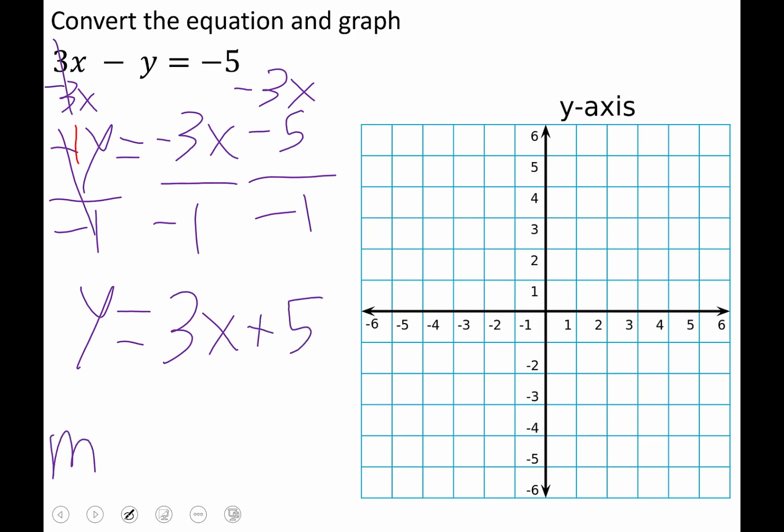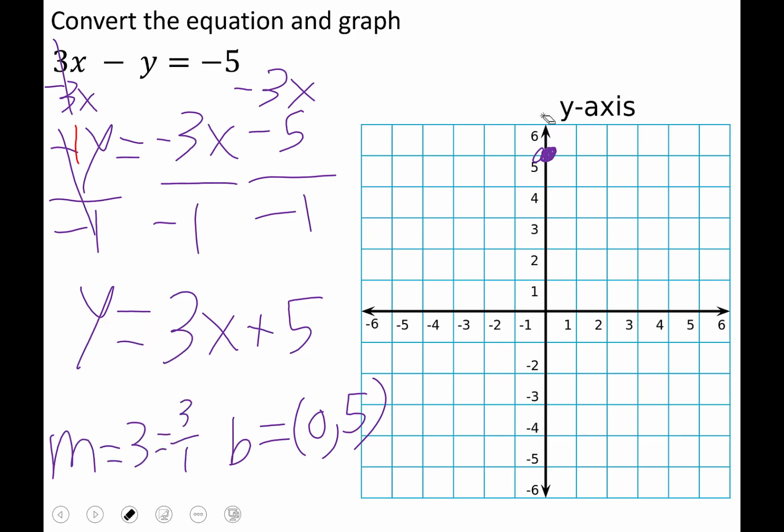So remember my slope is 3, or I could say 3 over 1. And my y-intercept is the point (0, 5). Okay, so beginning at 5. Now notice on this one, I would normally rise 3, but I don't have enough room.